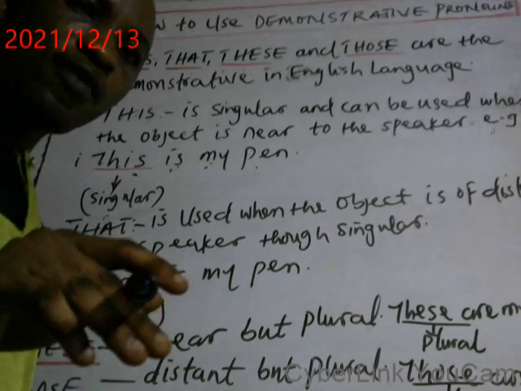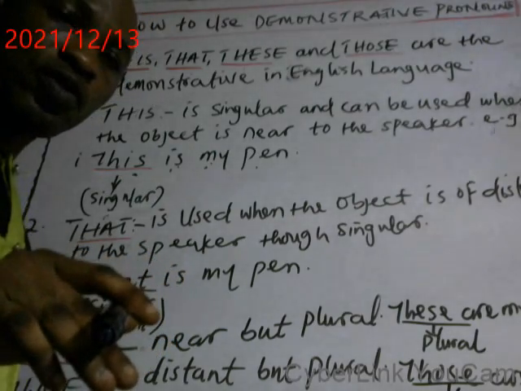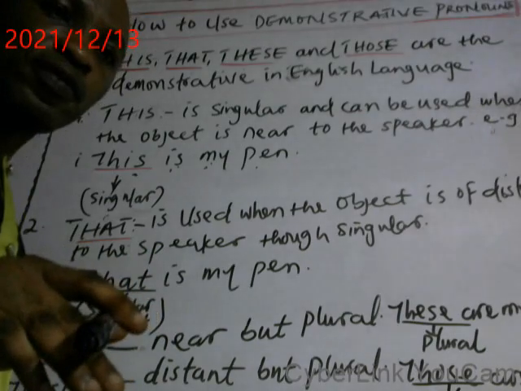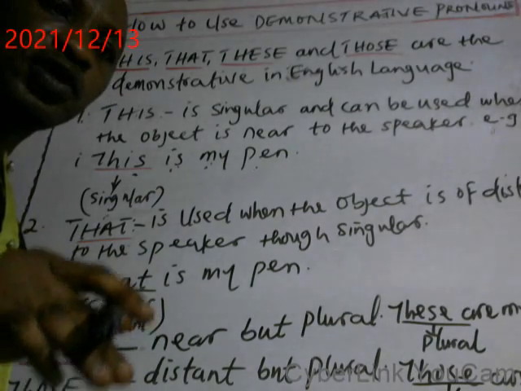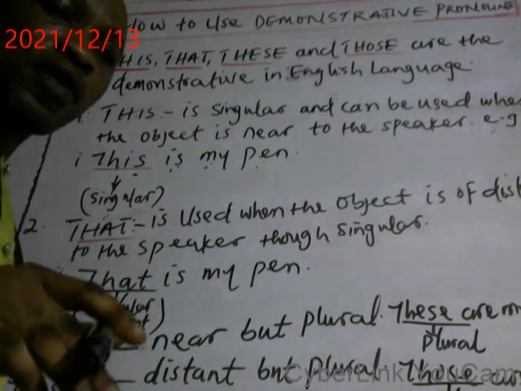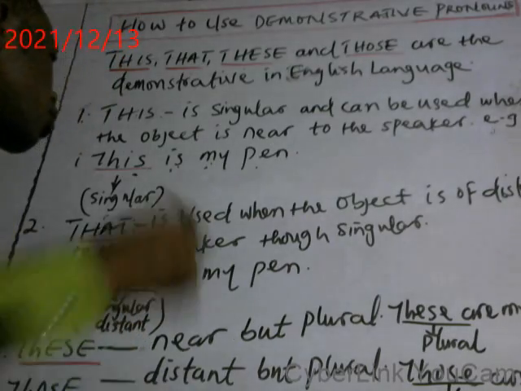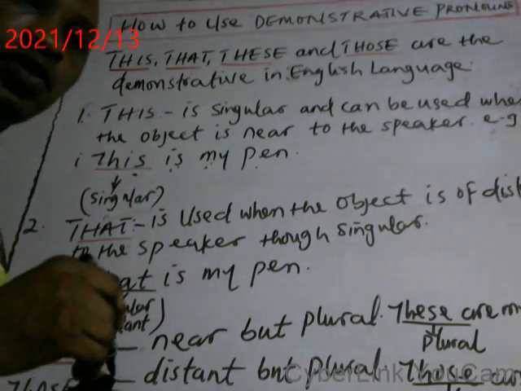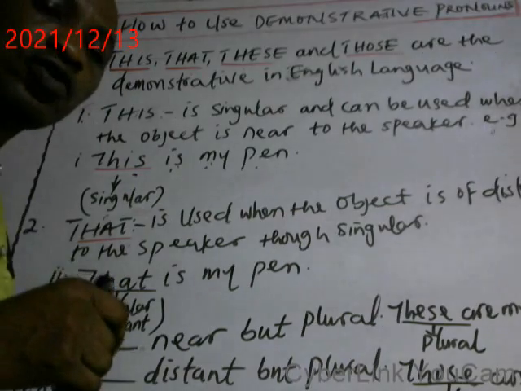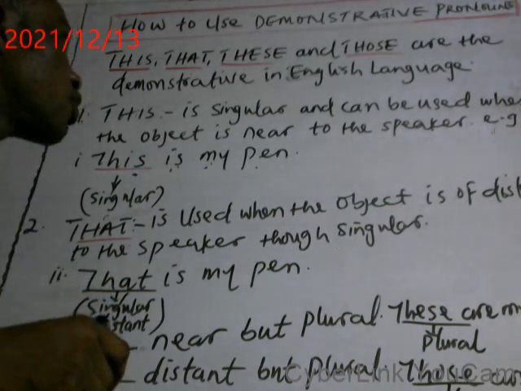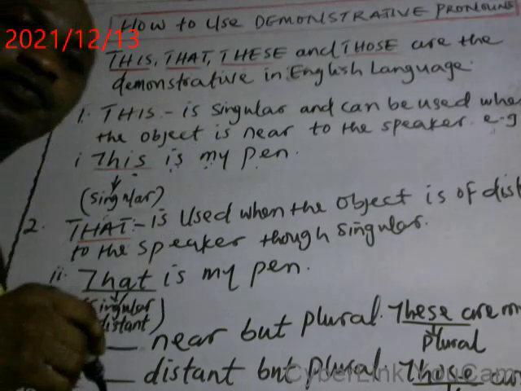So when you have an object you want to refer to with the use of demonstrative pronoun, if the object is singular and at the same time very close to you, make use of this. Okay? Having understood that, let us proceed to that.